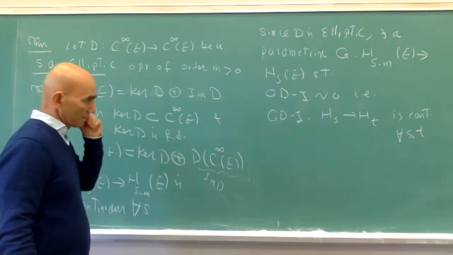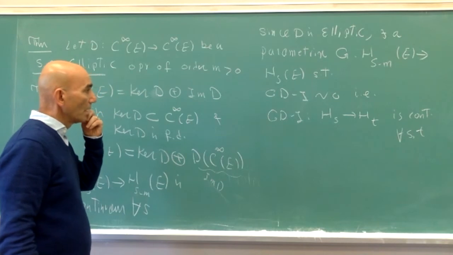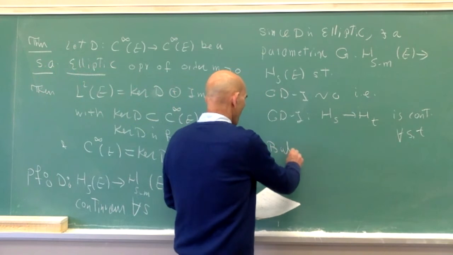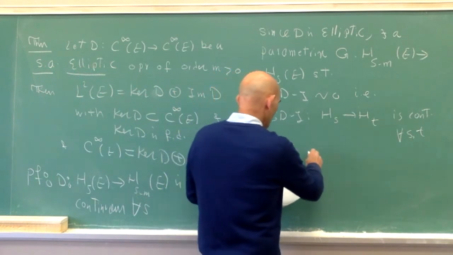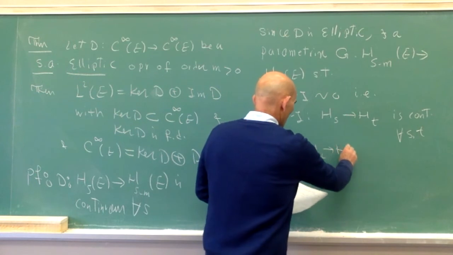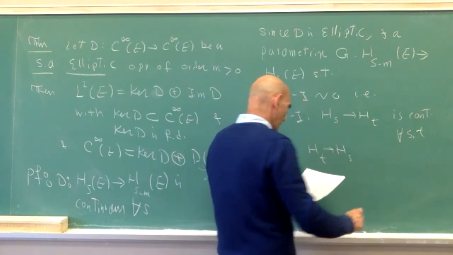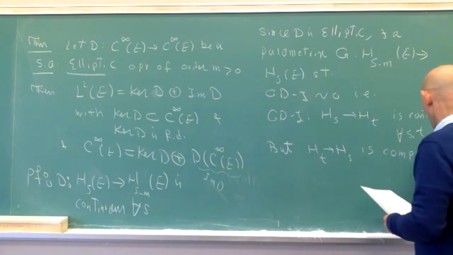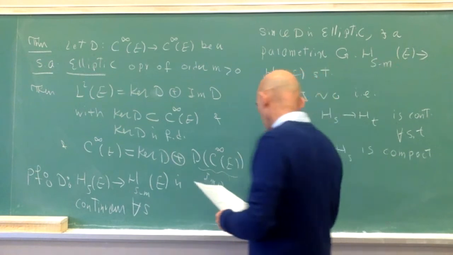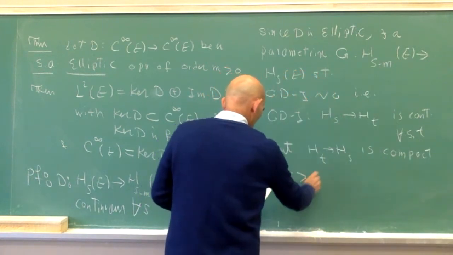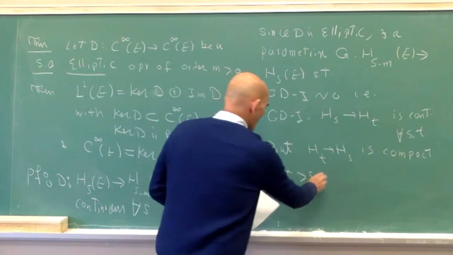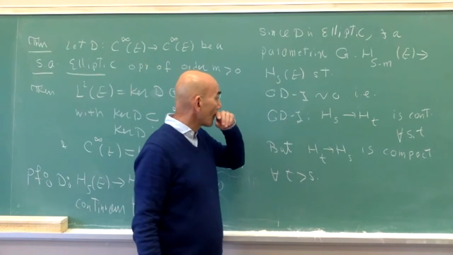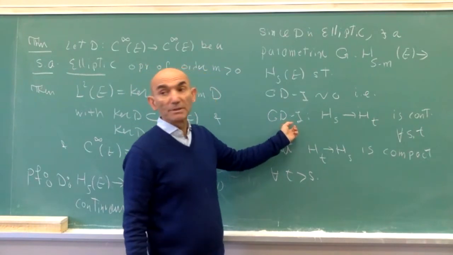What can we do next? We can use the Rellich lemma: the embedding of H^t into H^s is compact for all t bigger than s. Okay, so now we want to show that this map is compact.